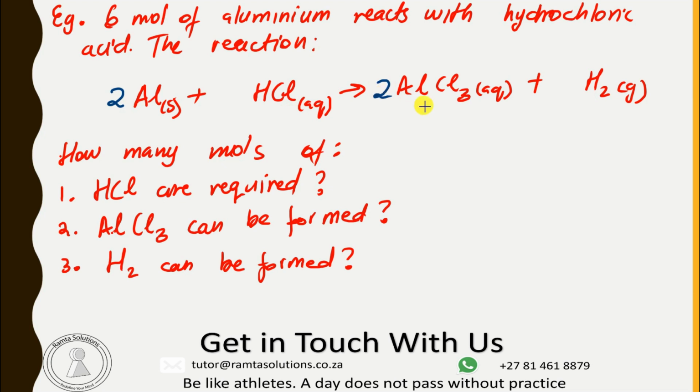They seem balanced. And then I see we have 3 times 2 chlorines, which is 6 chlorines. So maybe we will have to put a 6 here. And this is 6 hydrogens. Here we have 2 hydrogens. So we will have to multiply them by 3. Now our equation is balanced.